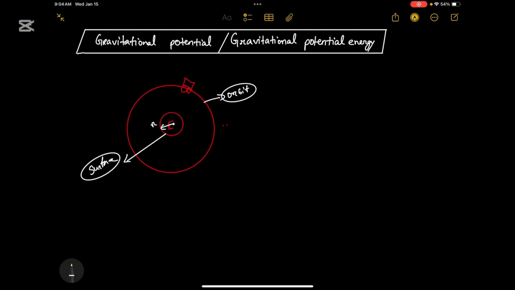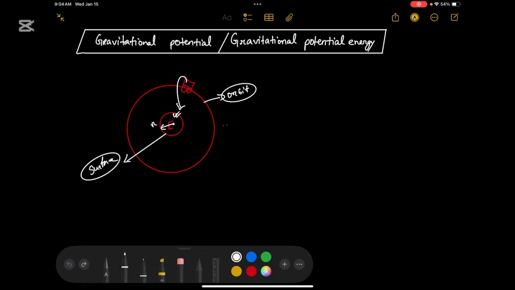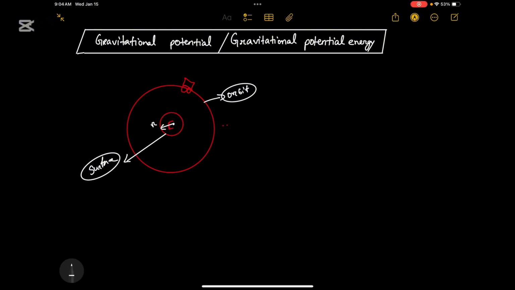Now, the satellite was at first on the surface of the Earth, but then it was taken to a height h meters above the surface of the Earth. This is h.